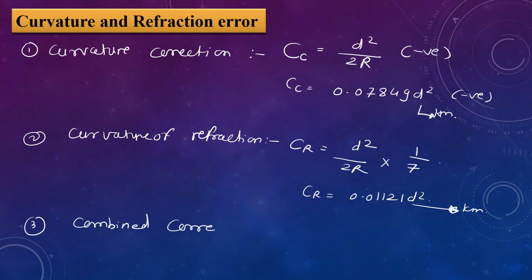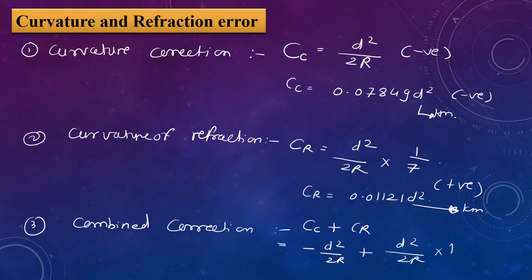Then next, third is combined correction. Combined correction is CC plus CR. Here CR is always positive. CC value is minus d square divided by 2r, and CR value is d square divided by 2r into 1 by 7.